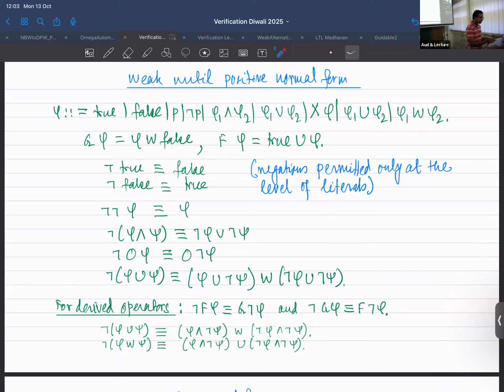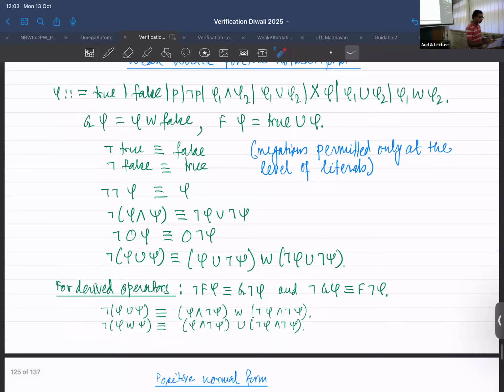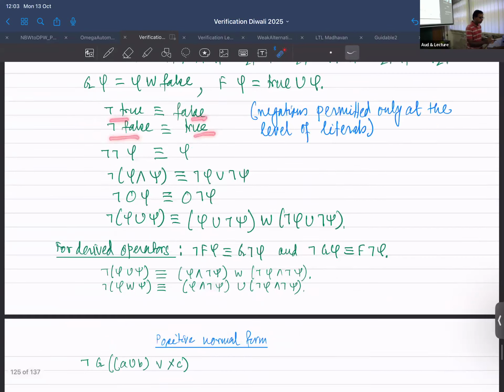So here we will just see how the negation is pushed inside. This is something we saw: if you have globally phi, it's like the negation of eventually not phi. You can also write it in this way, right? Negation of true is false. Negation of false is true.